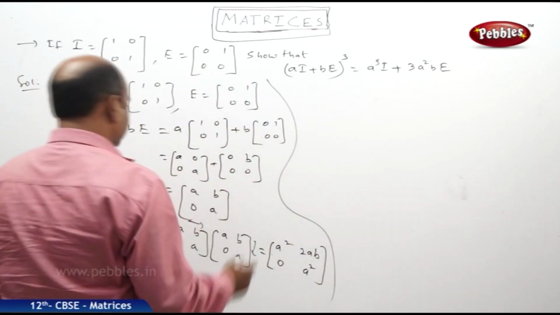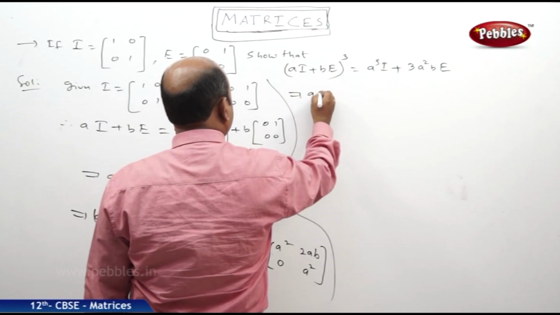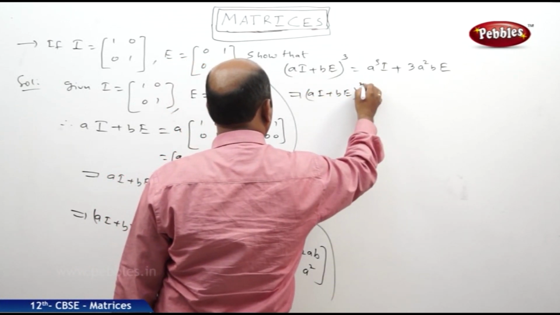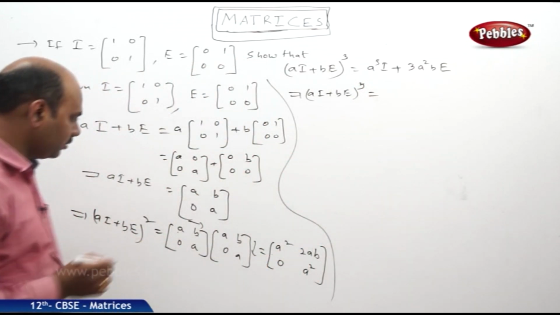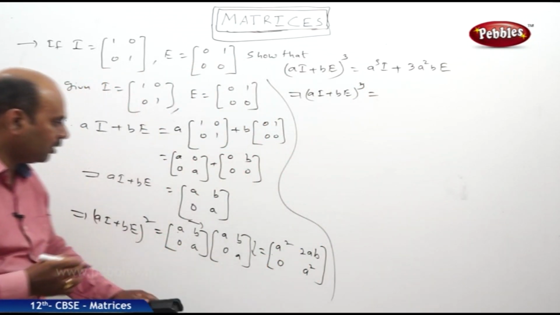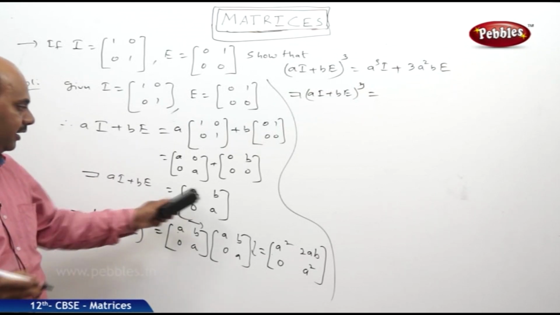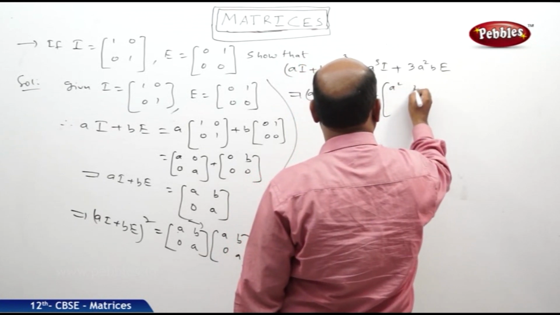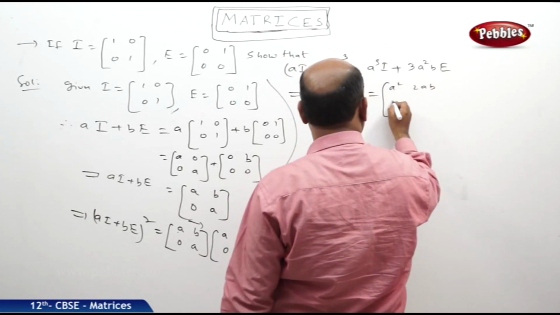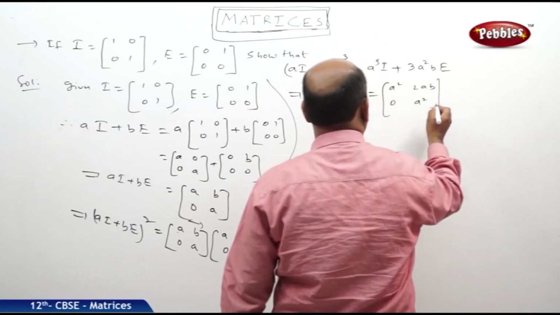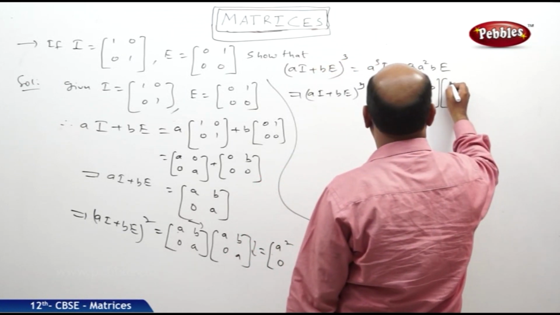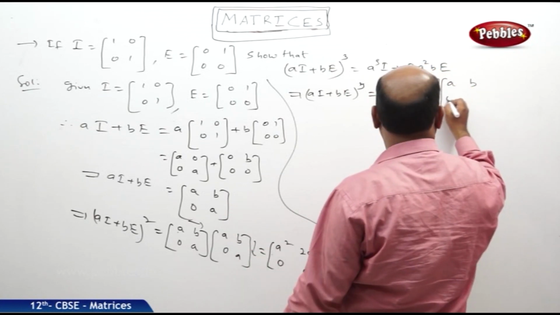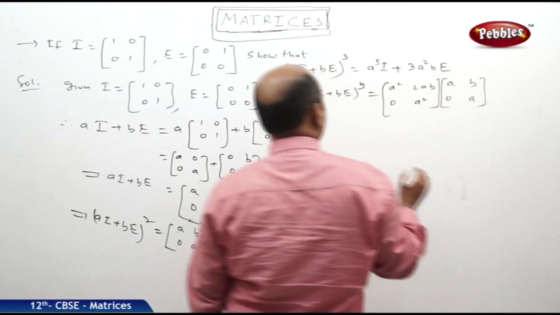Later I need to find (AI plus BE) whole cube. (AI plus BE) whole cube means whatever result we got, that result should be multiplied by [A B; 0 A]. So we have [A square 2AB; 0 A square] and here also [A B; 0 A].